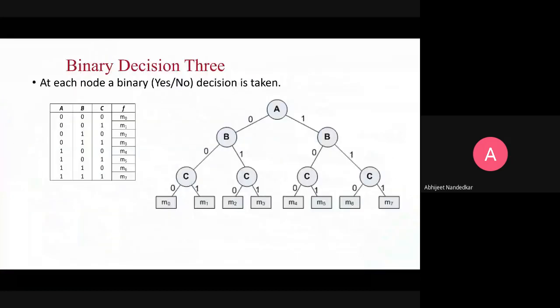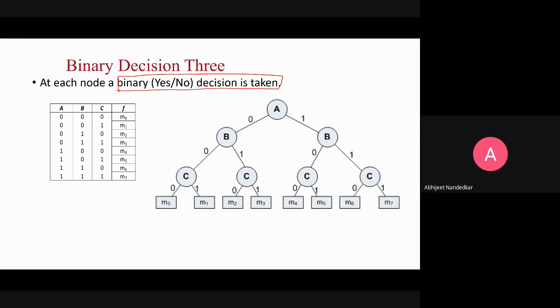Now let us take one example of a binary decision tree. This is a binary decision tree. At each node, why is it called binary? Because at each node I take a decision yes or no. Okay.